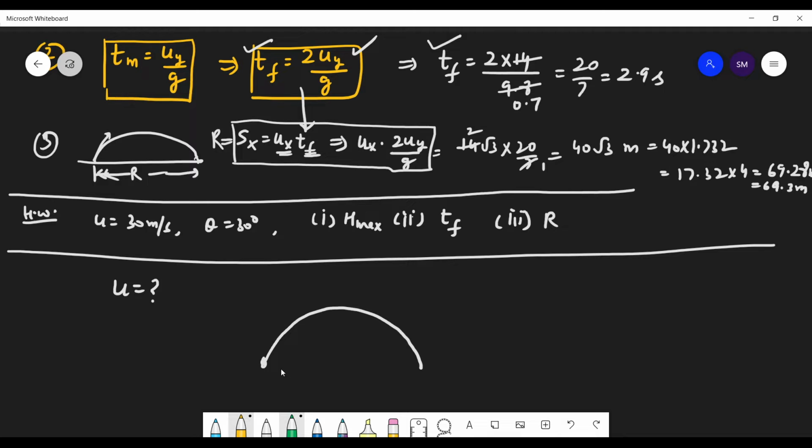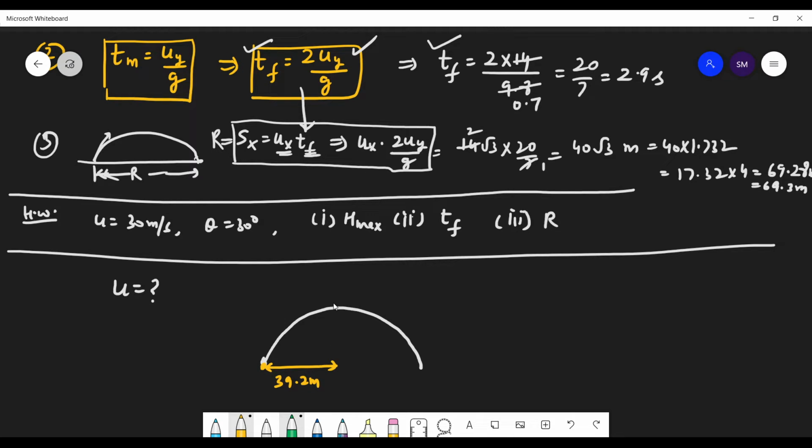The case is that this boy is standing over here. He is standing at a distance of 39.2 meter from the building, and the ball just passes through.